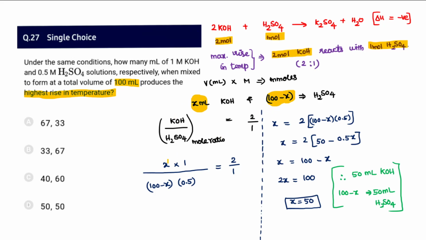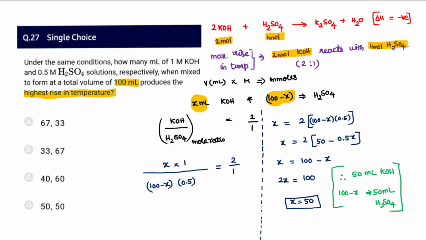If you take the mole ratio, it should become 2 by 1 for the highest rise in temperature. So the mole ratio can be written in millimoles, V mL into molarity. The mL of KOH is X and the molarity is 1, and then 100 minus X for sulfuric acid with 0.5.